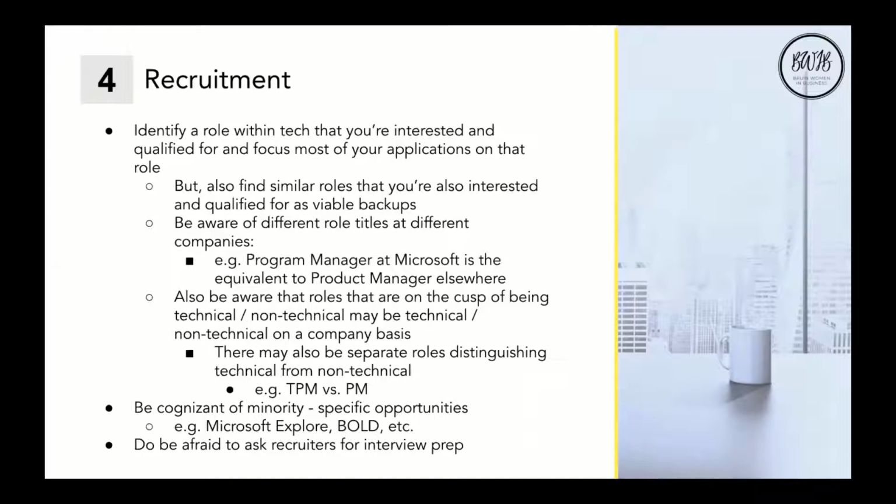So you want to find 2 roles that are closely related and that you're qualified for both, so that you're not putting all of your eggs in one basket. Product management and maybe product marketing are close enough. Product marketing and software engineering, maybe not so much. So be mindful of that.